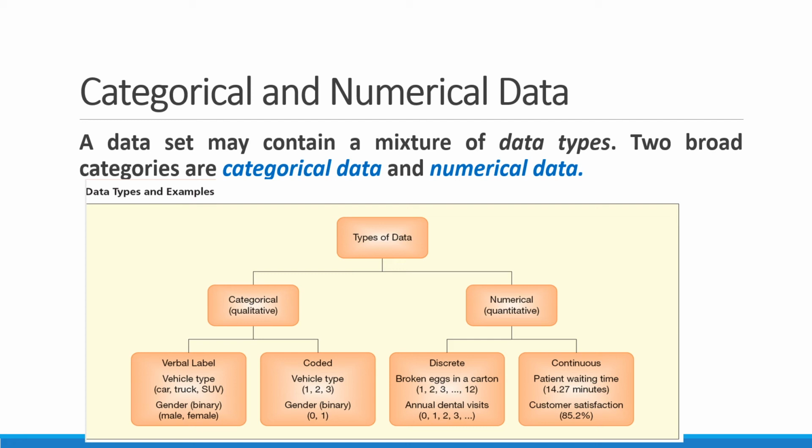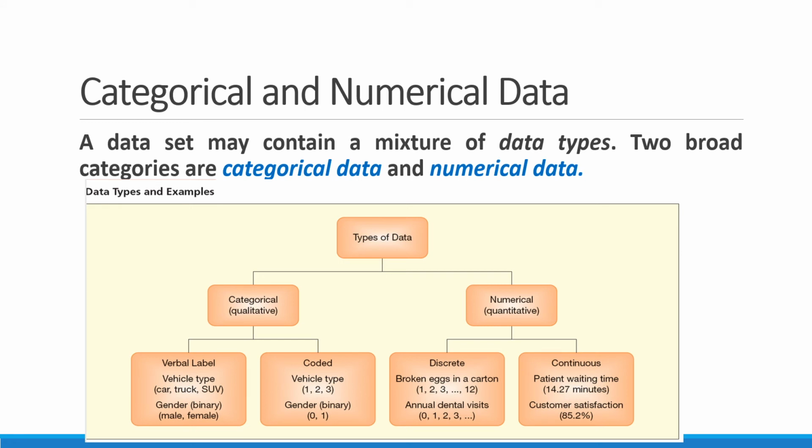Data are usually divided into two most common types. A data set may contain a mixture of data types. Okay, so here we said the data set is a collection of different values for m variables describing n observations.